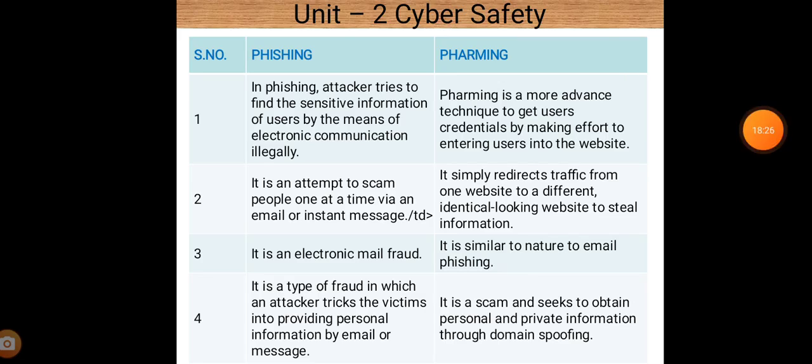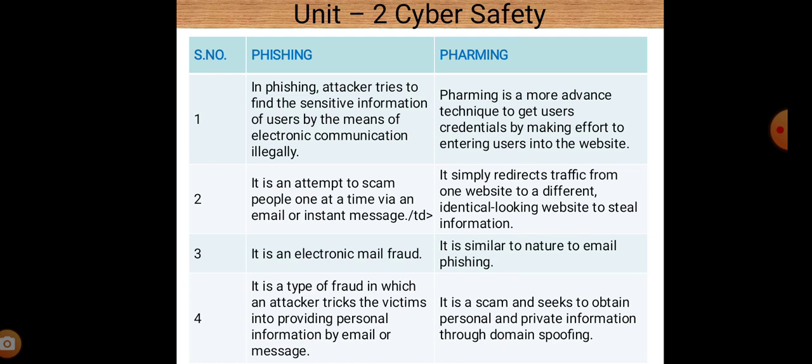So first of all, one difference should be clear to all of you: the difference between phishing and pharming. In phishing, generally a hacker sends an email to you with a message that you won a lottery, and if you want to claim that lottery, you give your personal information, including your name, your surname, your bank account details, etc. And you just fill that form and send that to that address, and the hacker gets your details.